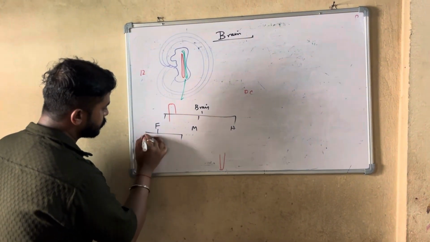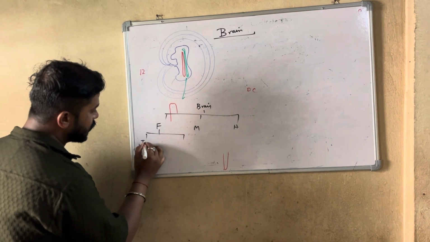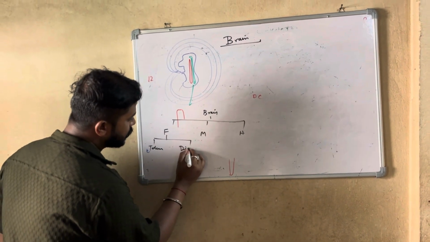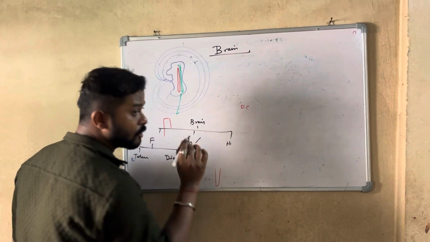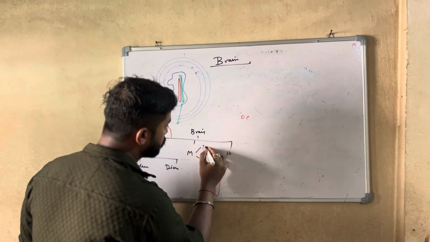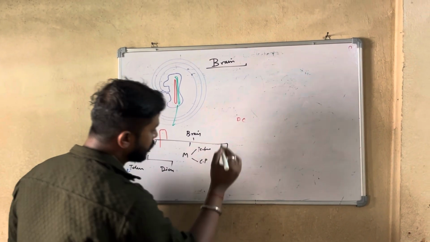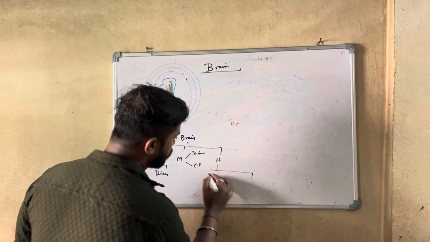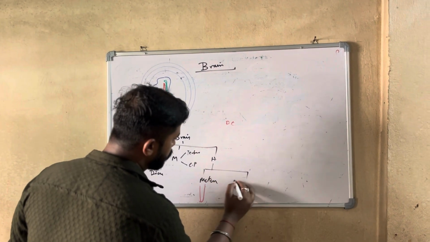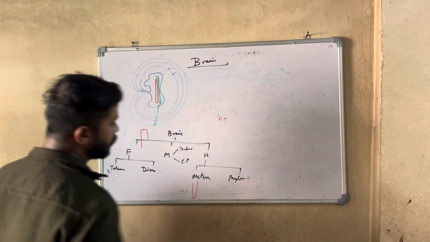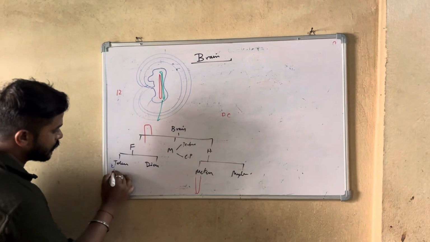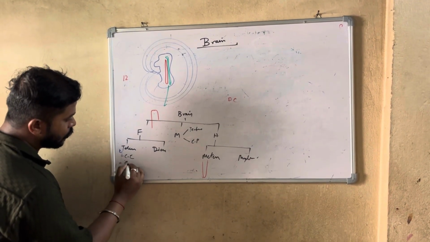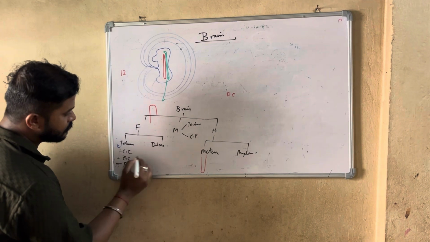Forebrain has two parts, one is telencephalon, one is diencephalon. Midbrain has two parts, one is tectum and one is cerebral peduncle, and hindbrain has metencephalon and myelencephalon. Telencephalon has cerebral cortex, corpus callosum and rhinencephalon.